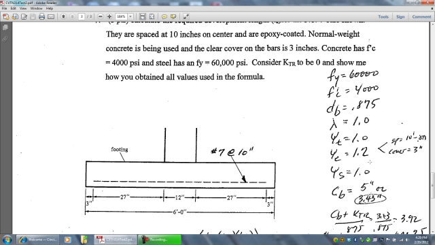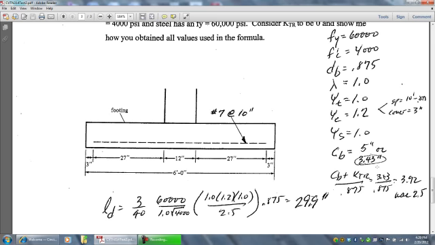The other one, you can't have a cover less than 3 bar diameters, and our cover is given as 3 inches here, and since our bar diameter is only 0.875, a 3-inch cover is actually greater than 3 bar diameters, so I get by on each one of those.